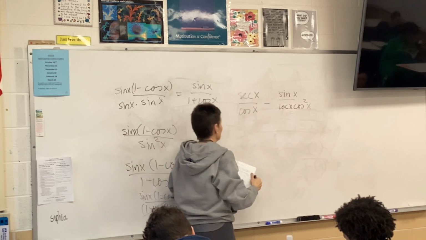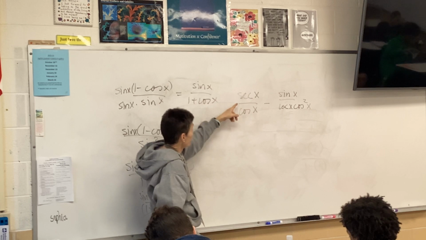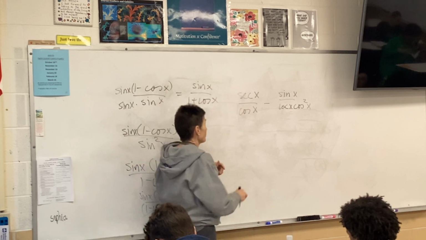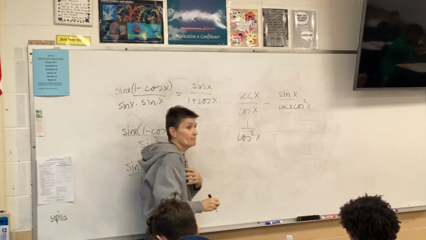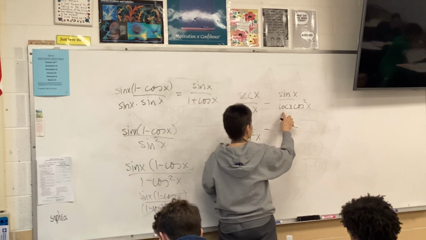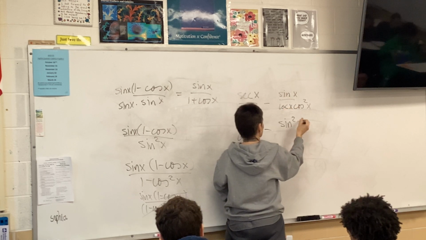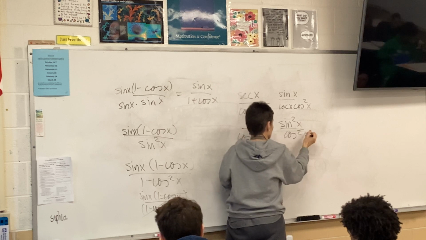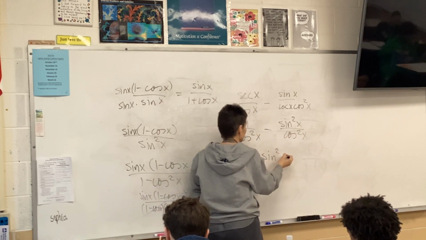Okay, remember that a secant in the numerator is a cosine in the denominator, so this is 1 over cosine squared, because secant's 1 over cosine. And likewise, a cosecant in the bottom is a sine in the numerator. So I have a common denominator.